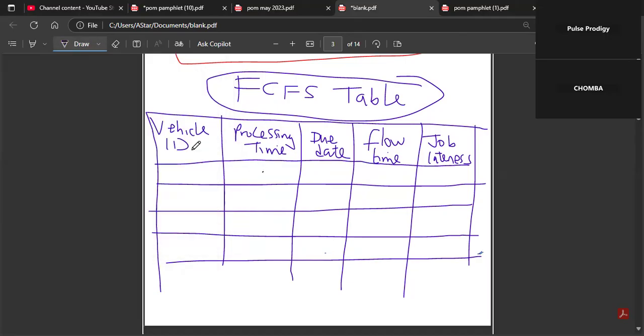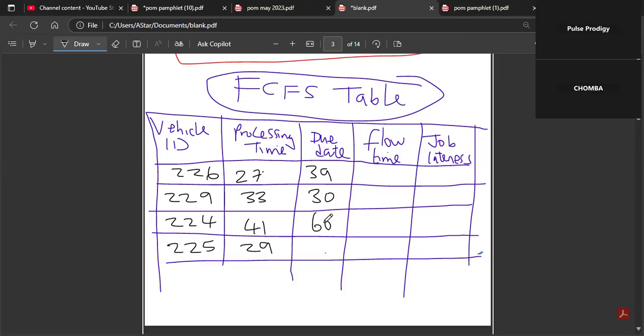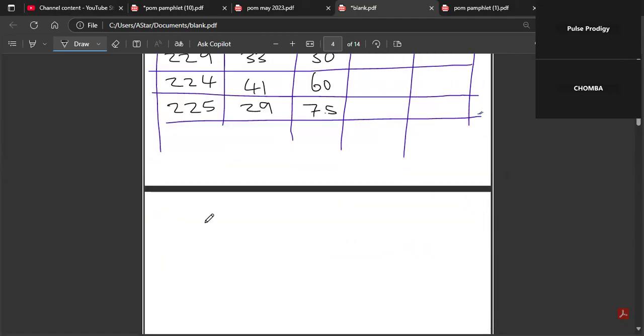Okay, so now here it was 226, 229, 224, 225. Processing time was 27, 33, 41, 29. Due date was 39, 30, 60, and 75. Then let's fill in the flow time.